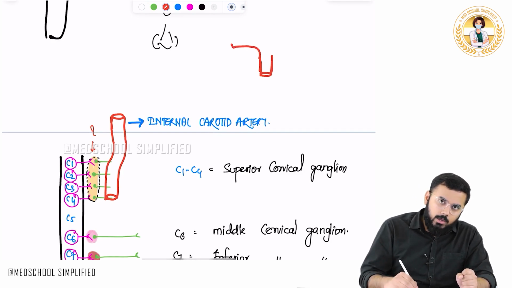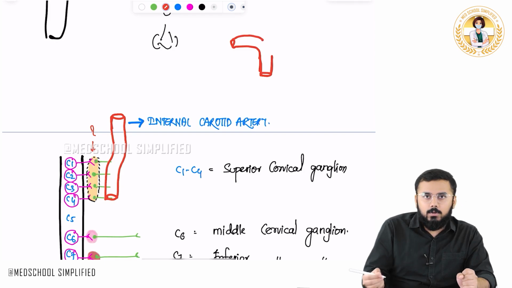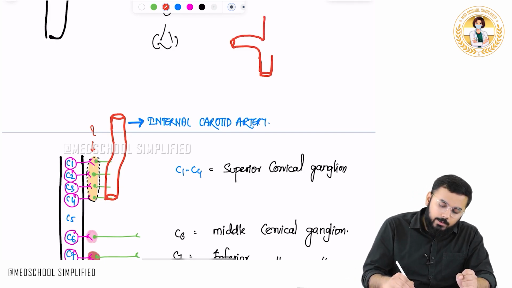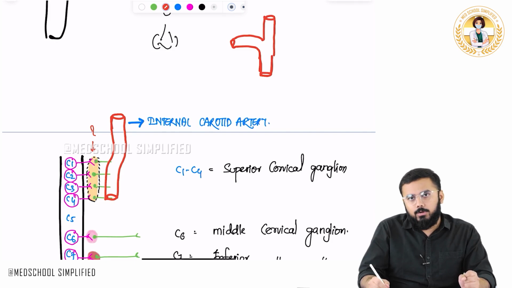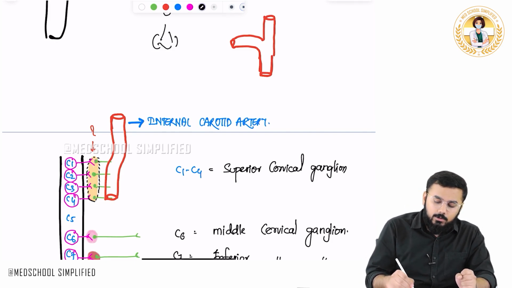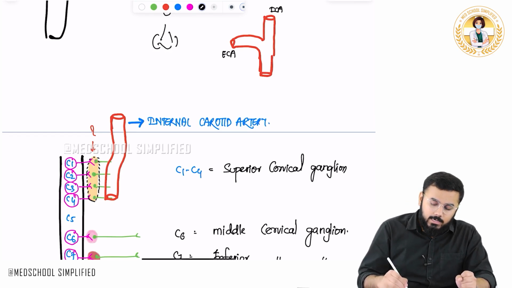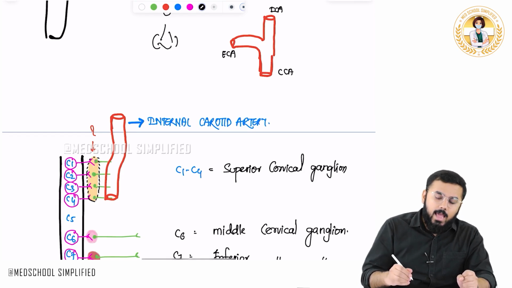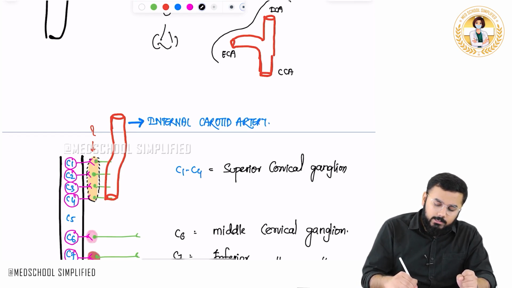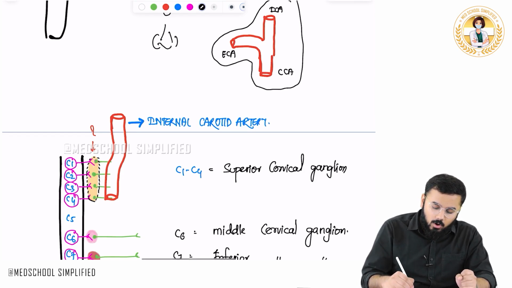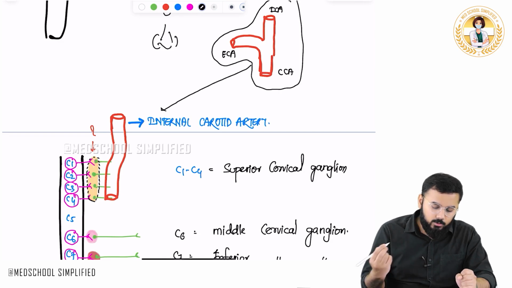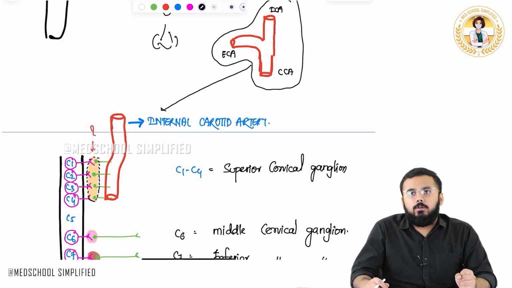The one going outside is the external carotid artery, and the one going up inside is the internal carotid artery. Actually, the internal carotid, external carotid and common carotid, all 3 are near this superior ganglion.